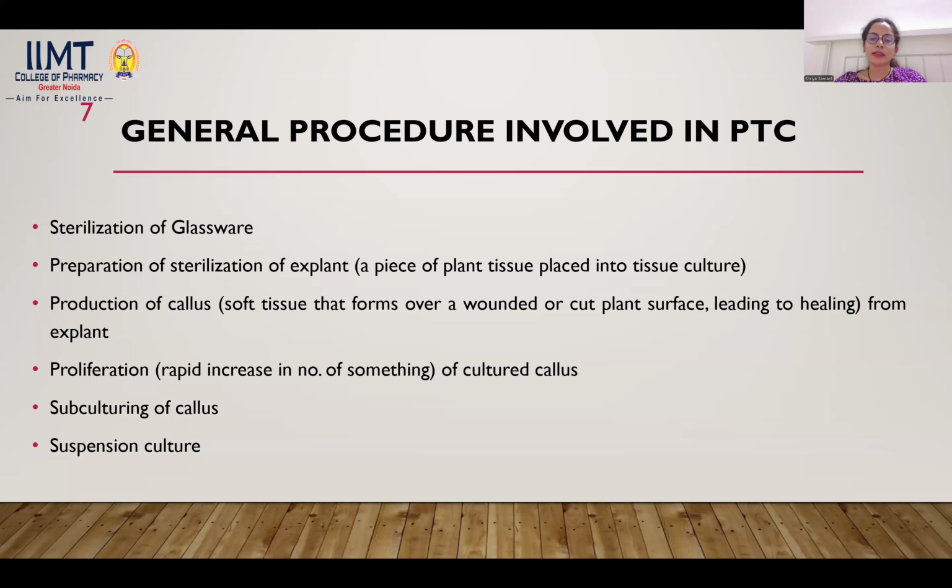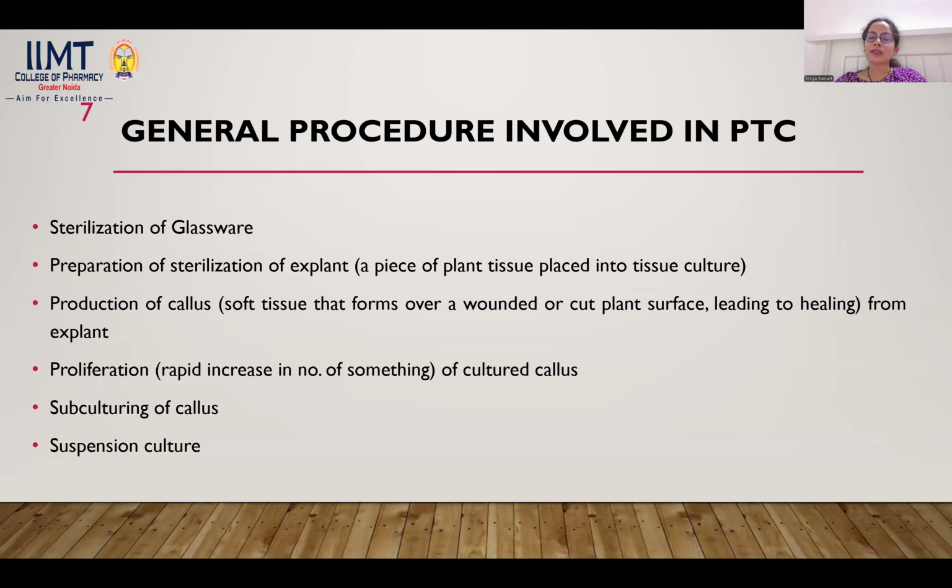For preparation and sterilization of explant, for the surface sterilization of explant, chromic acid, mercuric chloride, calcium hypochlorite, sodium hypochlorite, or alcohol are used. If you talk about the production of callus from explant, callus is an unorganized, undifferentiated cell mass. In this step, the sterilized explant is transferred aseptically onto the nutrient medium contained in a flask.